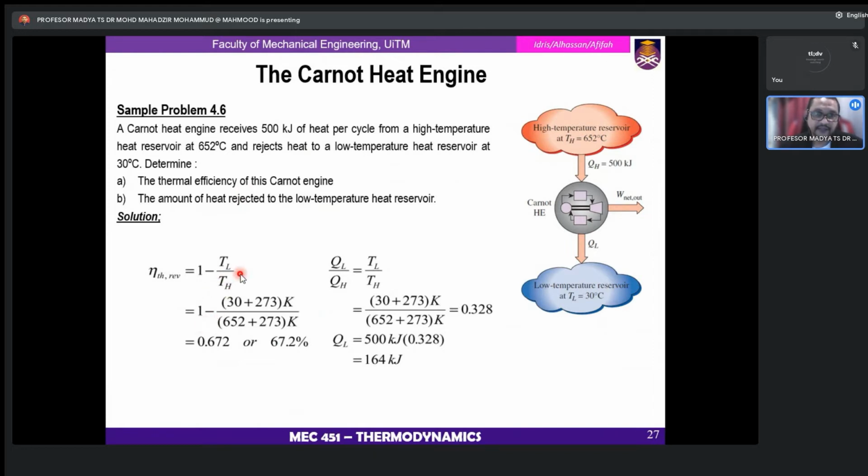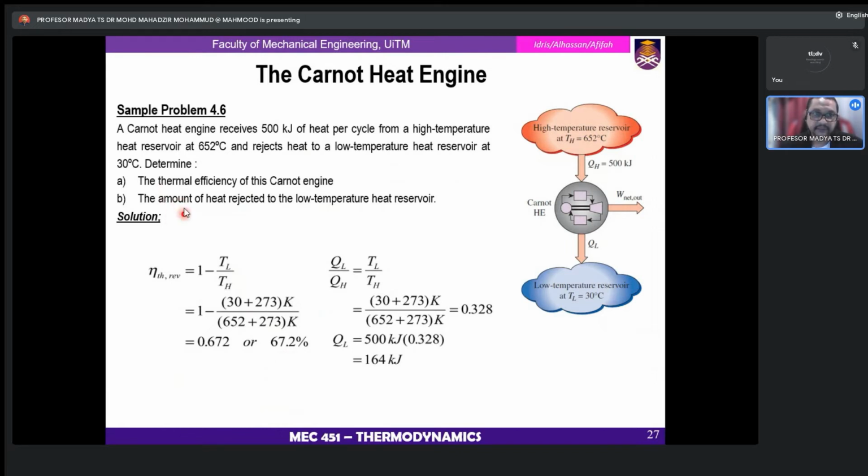We know the values of TL and TH: TH is 652 Celsius and TL is 30 Celsius. You have to convert them to Kelvin. Then you get the answer, 67.2%. This is the thermal efficiency of this Carnot engine.